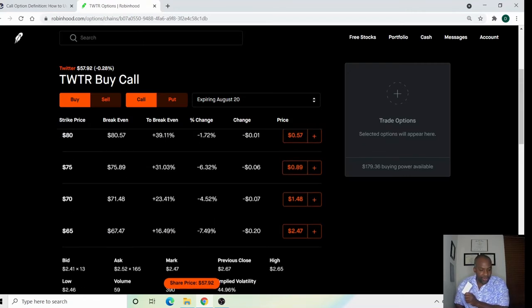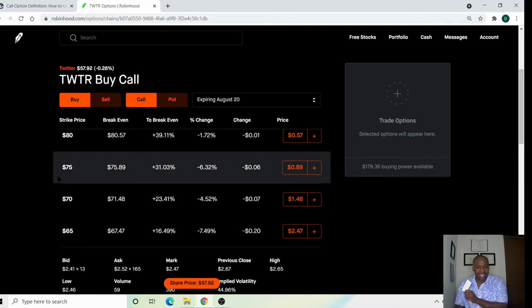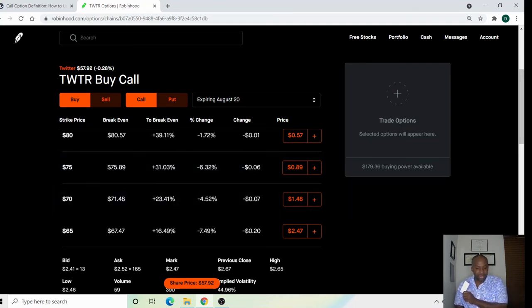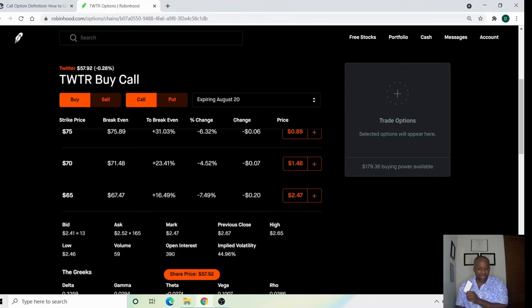If it goes from 65, let's say to 75, that's $3. So this contract will be roughly $6. So if the contract is now $6 and you paid $250 for it, now the contract will be worth $600, and then you can sell it at $600 and keep that profit.